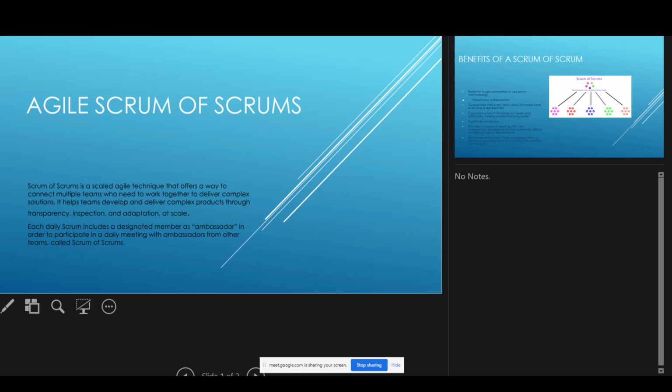Each daily scrum includes a designated member as an ambassador. This ambassador connects with another ambassador from another scrum team. This process is called scrum of scrums.